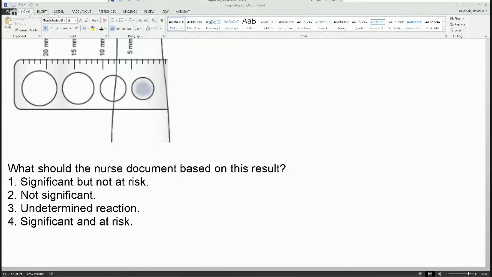It is not 1. It's not 1 unless they're at risk. We had a question earlier on this. Then 4. The answer is 2, not significant. A wheal measuring 5 millimeters or less is considered not significant, and this client is less than 5 millimeters in duration.